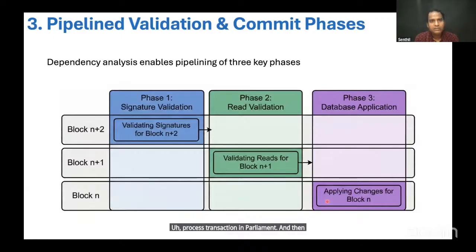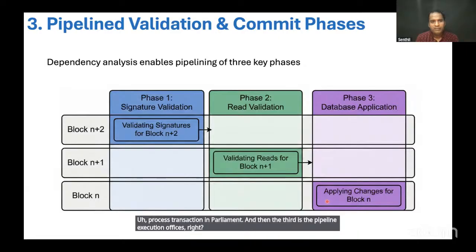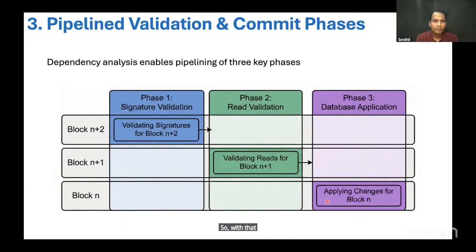And then the third is the pipelined execution of phases. Now we have dependency analysis, which gives us the transactions that are independent. With that, we would be able to execute these phases in parallel. For example, when phase 3 is applying changes for block n, at the same time phase 2 can validate reads present in transactions in block n+1.